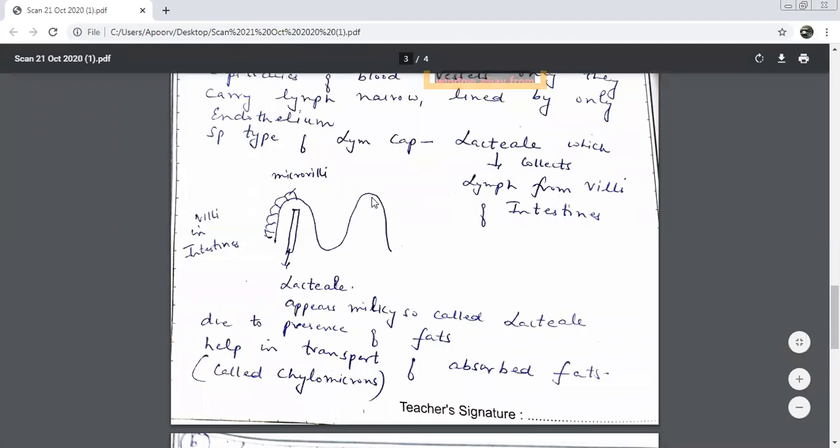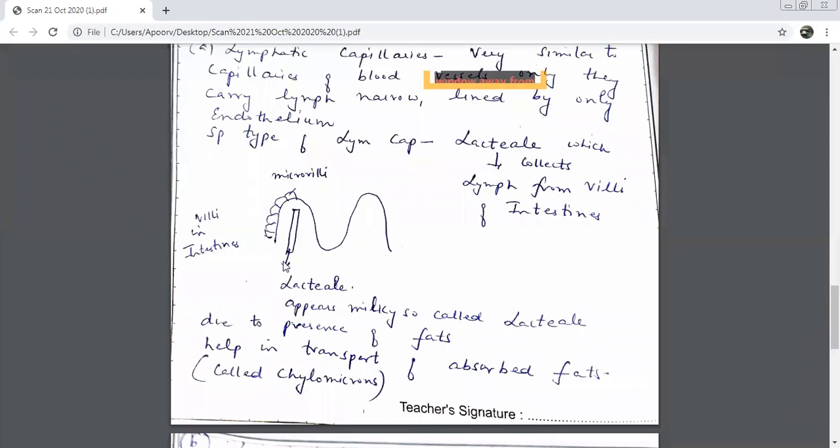What are these projections? Villi. And this is a special capillary. What is the name of this capillary? Lacteal. Why is it called lacteal? Because it appears milky, due to the presence of fats.